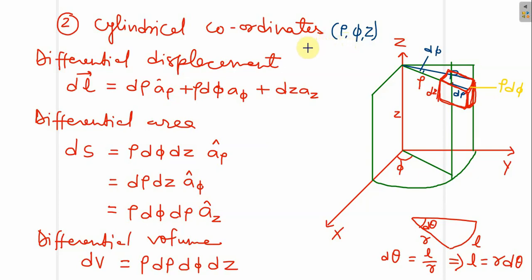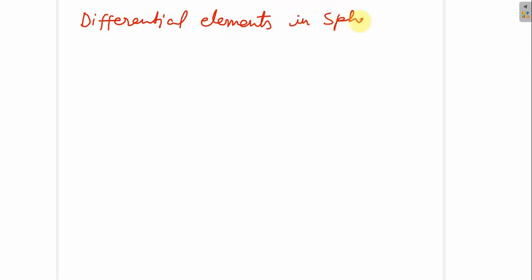Okay, now we shall move forward and discuss the differential elements in a spherical coordinate system. So today we shall discuss the differential elements in spherical coordinate system.